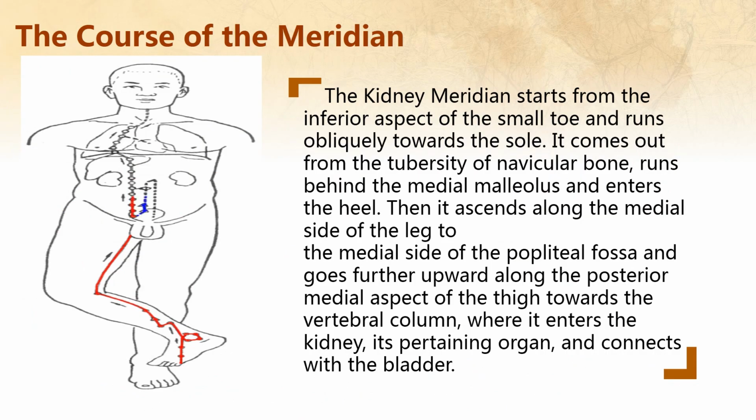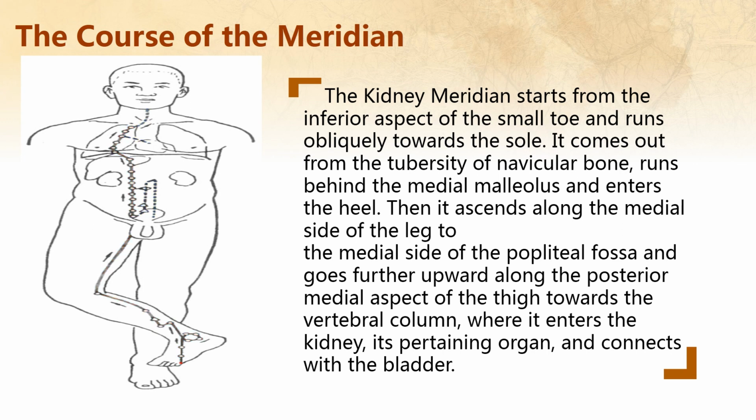The kidney meridian starts from the inferior aspect of the small toe and runs obliquely towards the sole. It comes out from the tuberosity of navicular bone, runs behind the medial malleolus and enters the heel.